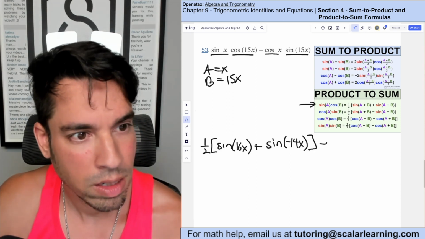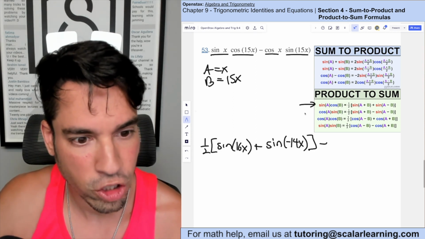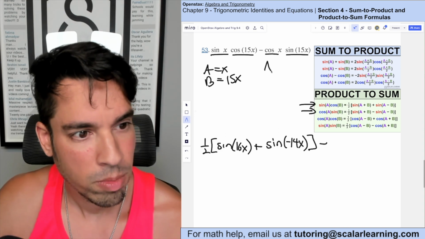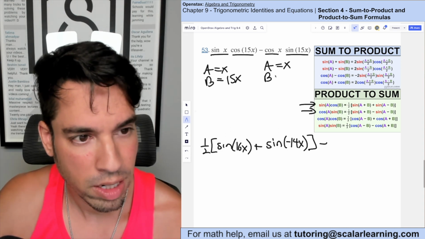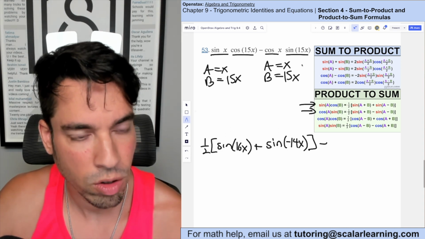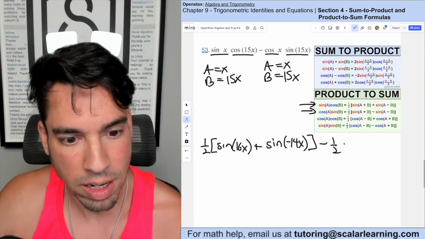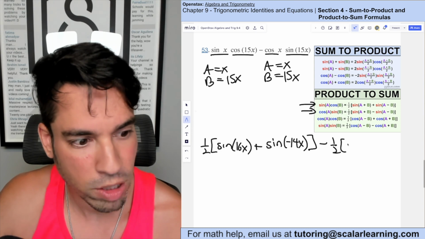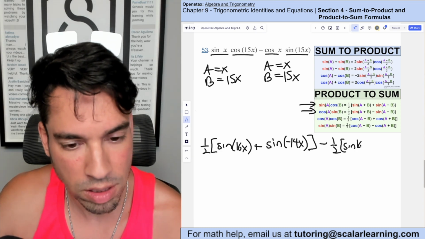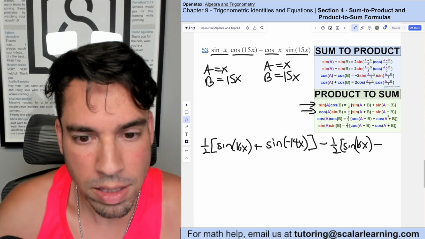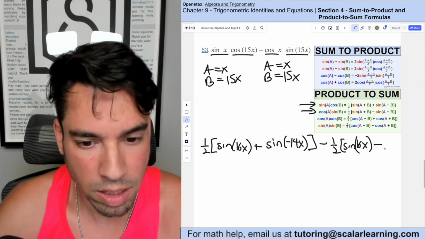And then minus, and then we got cosine times sine, which is occurring here. And here I'm going to set a equal to x and b equal to 15x, okay? So then we have, for the second one, 1/2, and in brackets, sine of a plus b, so same thing, sine of 16x. And then it's minus sine of a minus b, that's negative 14x.